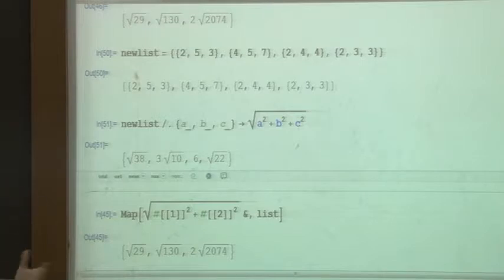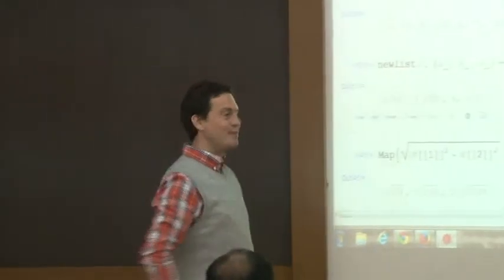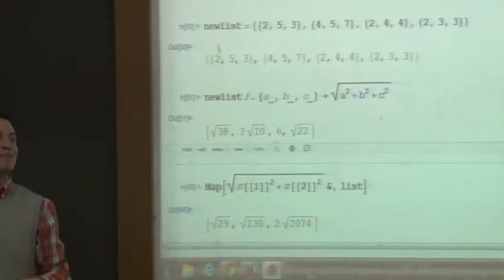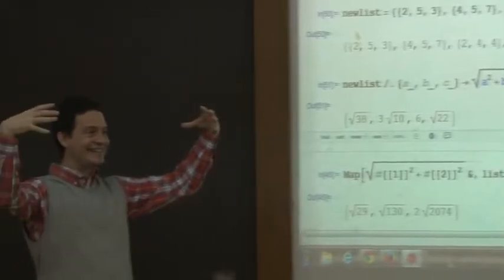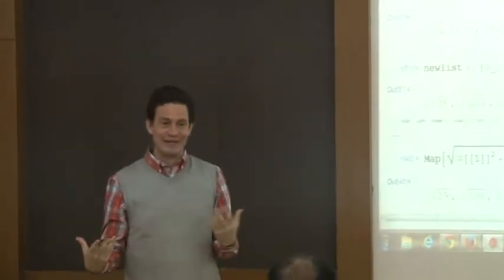The pattern, exactly. The problem was I got a list with 3 elements, right? And inside those 3 elements, I got another 3 elements. But Mathematica matches the first level pattern, which was the entire list. That's why I got in trouble. But the moment now that I try to apply this, there is no problem. Why? Because the whole list is 4. So then it doesn't match the pattern, right?